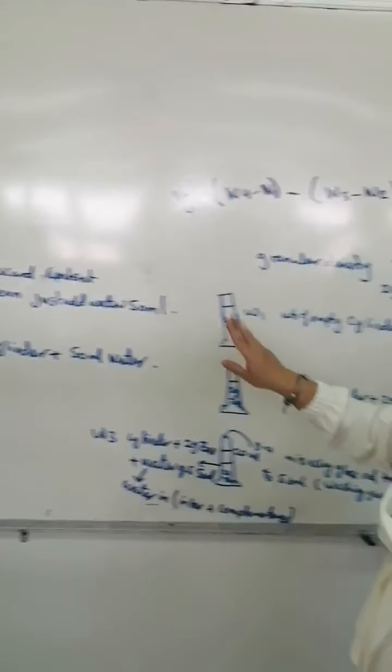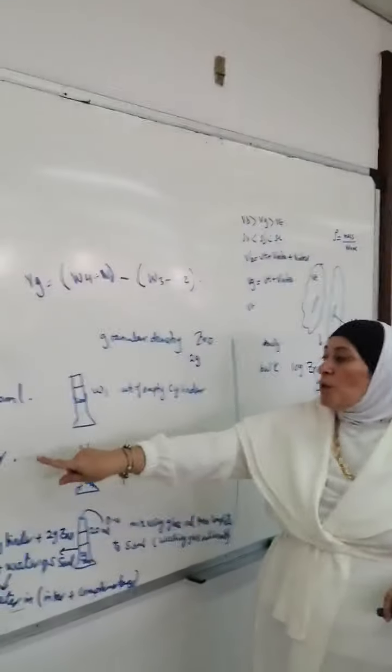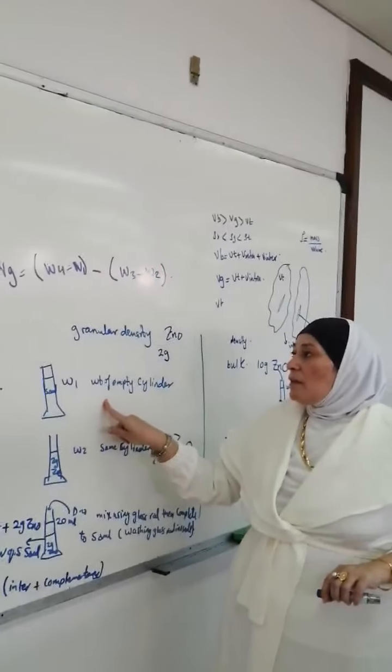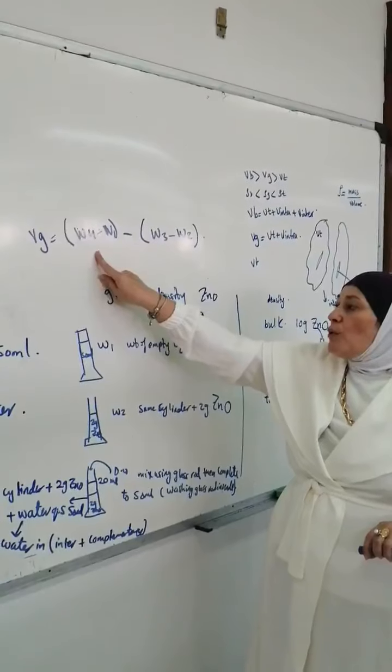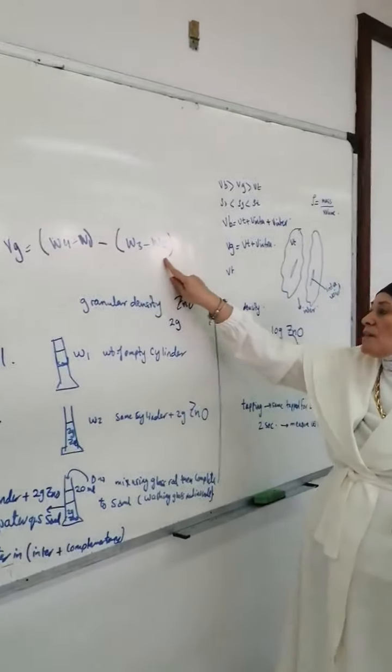We can use this equation to calculate the granular volume by subtracting W4 from W1. We'll get the weight of the water, minus W3 minus W2.